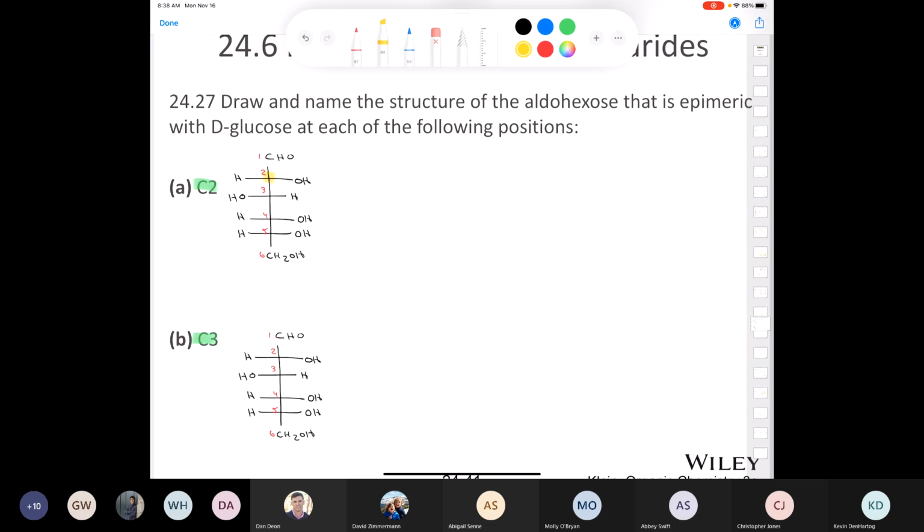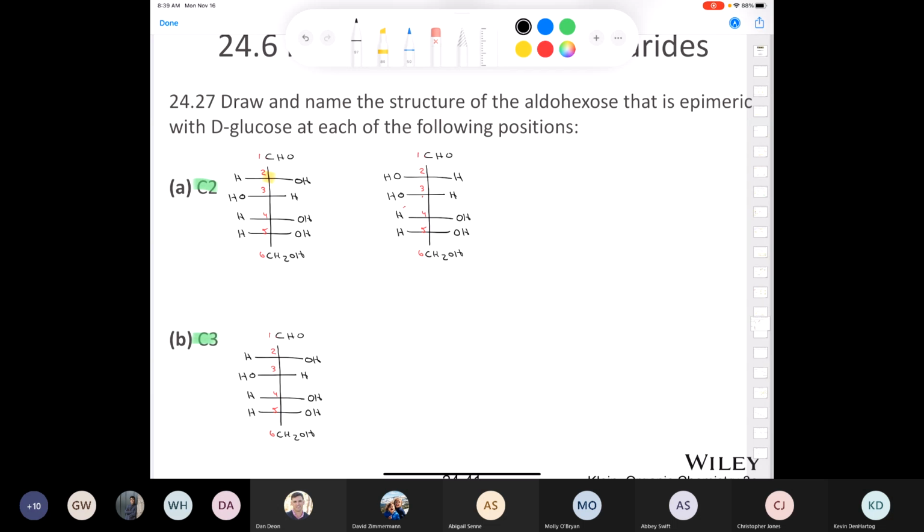Because epimers are diastereomers that differ at only one chiral center. I could just paste this back in here, couldn't I? And then we'll just reverse that. So we're just going to reverse at that center. So we have a hydrogen here and an oxygen there.